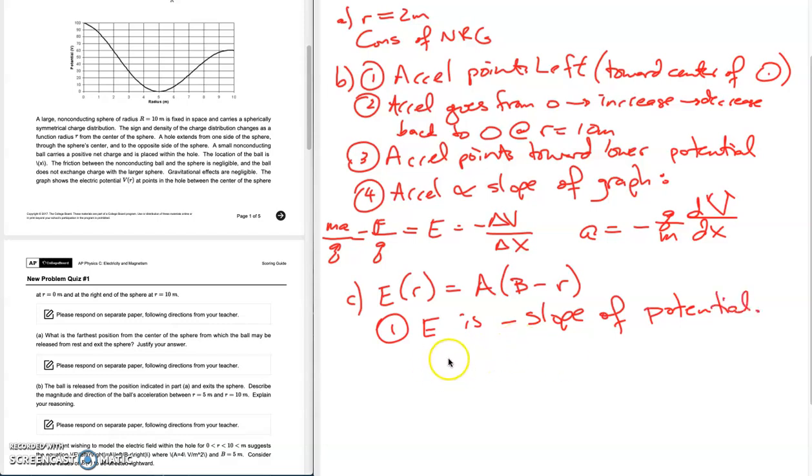And the second part that goes along with it, like a specific point, is it fits at R equal to 5. If you plugged in 5 here and they told us that B is 5, 5 minus 5 is 0, so the electric field is 0, and if you take a look at the graph, the slope is 0 at R equal to 5.